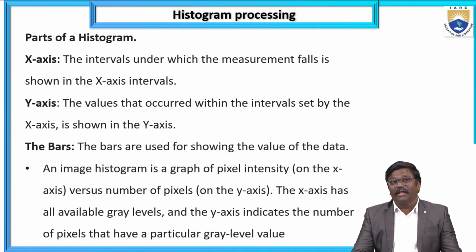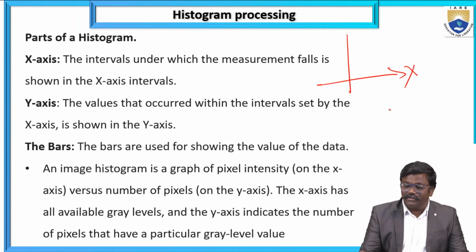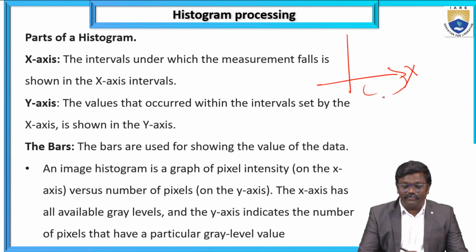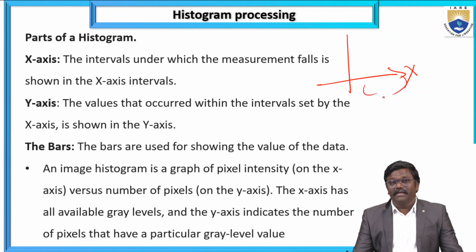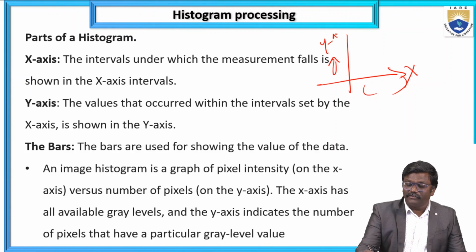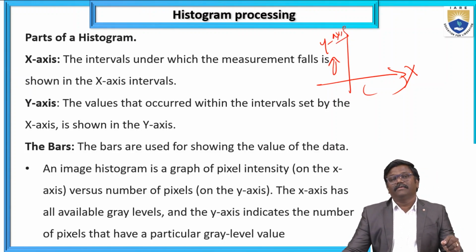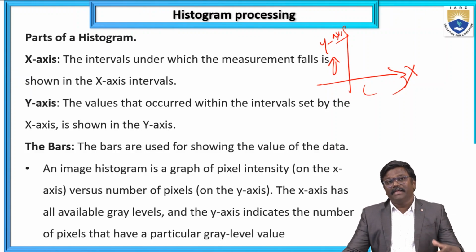The x-axis intervals are considered in terms of pixel values, and the y-axis shows the pixel intensity values, or the values that occurred within the interval set by the x-axis.